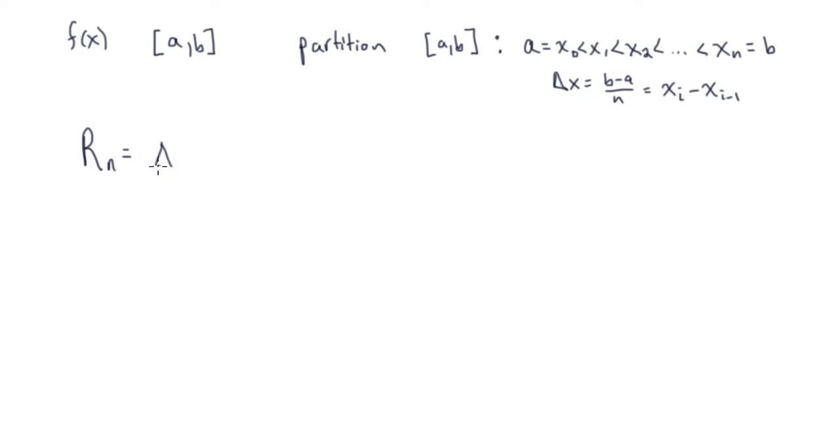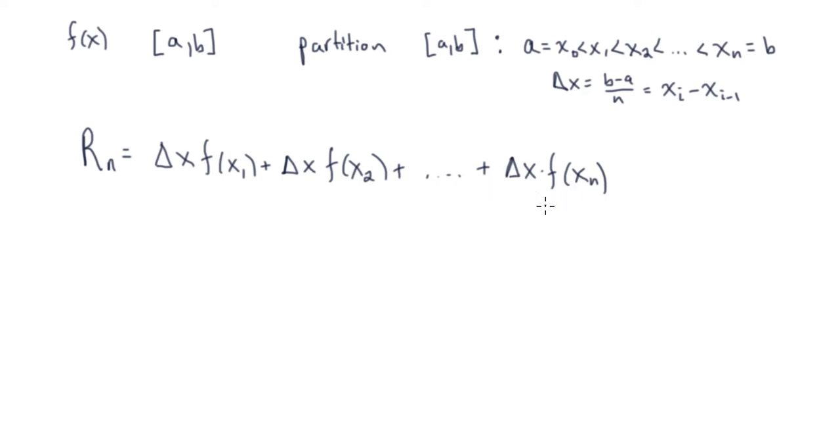Well, it's delta x times f of x1 plus delta x times f of x2 plus all the way up to delta x times f of xn. And this is just base times height, base times height, base times height. And for the height, we're just using the right endpoint, evaluating the function. That gives us the height of the rectangle.